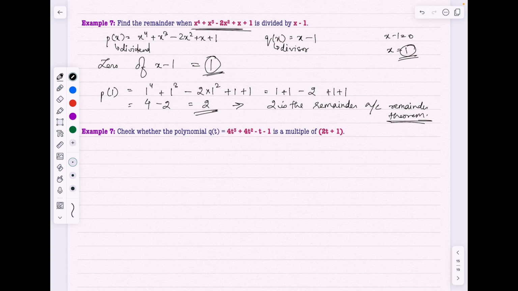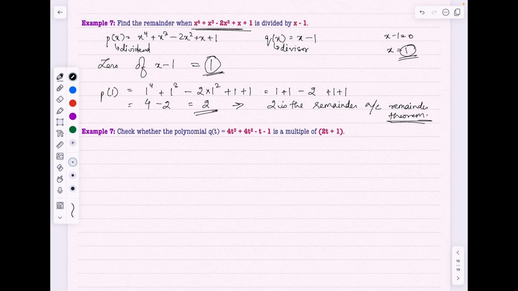Then you have to find the 0 of the polynomial, and from it find the value of the dividend at the 0 of the divisor. Each step you have to make the invigilator understand why you are doing it. In ICSE it is not that much required, but in CBSE it is required. You got my point?